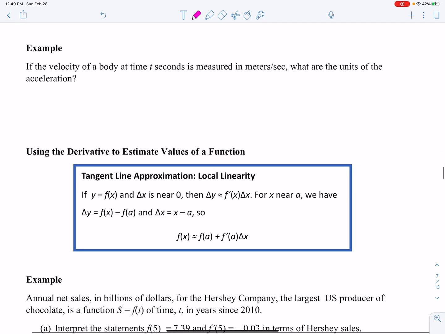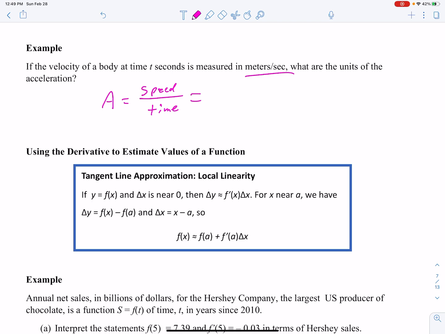Let's see, another example. If the velocity of a body at time t seconds is measured in meters per second, what are the units of acceleration? Acceleration, which we use A for, is speed per time. We know that's a change in speed per time, but the units are speed per time.